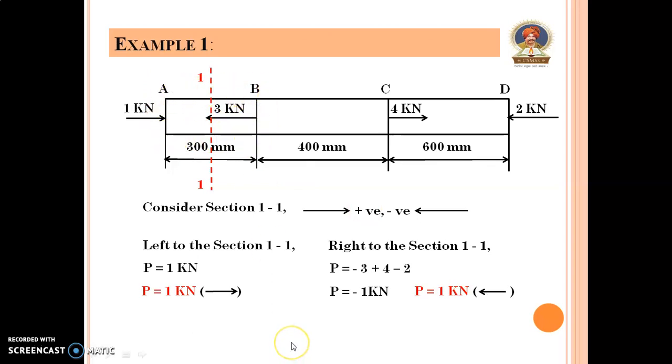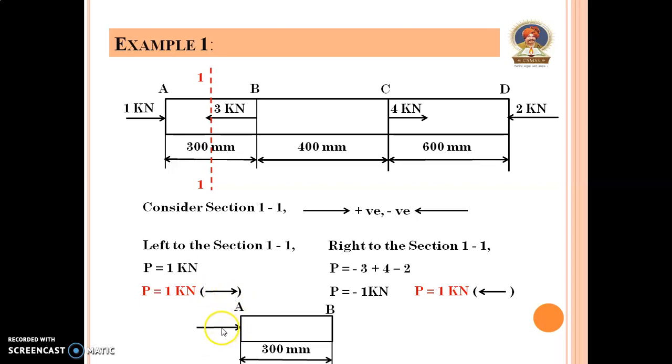So once again we have drawn the section AB. The AB section has a length of 300 mm. Now this is the left portion on which this 1 kilonewton force acts, and the direction of that 1 kilonewton is the right side.